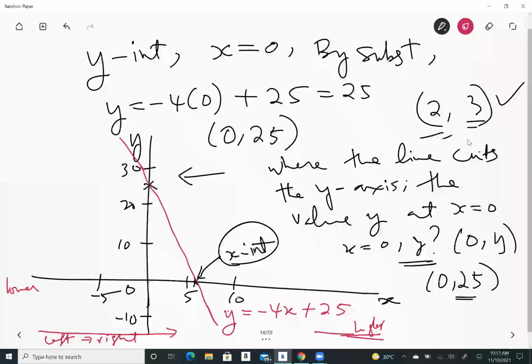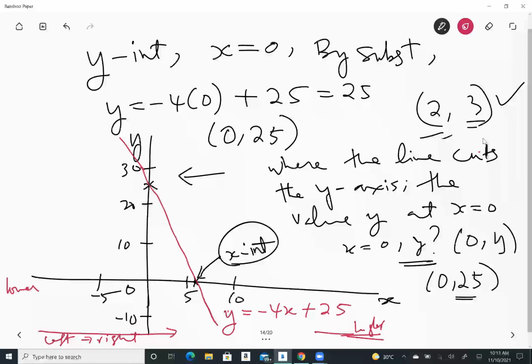When we say the line is going downward, or the line is going upward, depending on the slope, what we mean is that the line is going from the left to the right, from the lower value of x to the higher value of x.